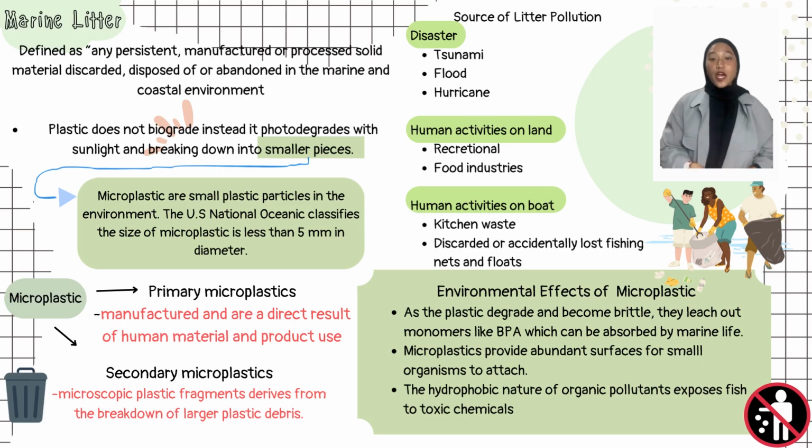Hi everyone, today I'm going to talk about marine litter. Marine litter is defined as any persistent, manufactured or processed solid material discarded, disposed of or abandoned in the marine and coastal environment. For your information, plastic does not biodegrade, instead it photodegrades with sunlight, breaking down into smaller pieces.